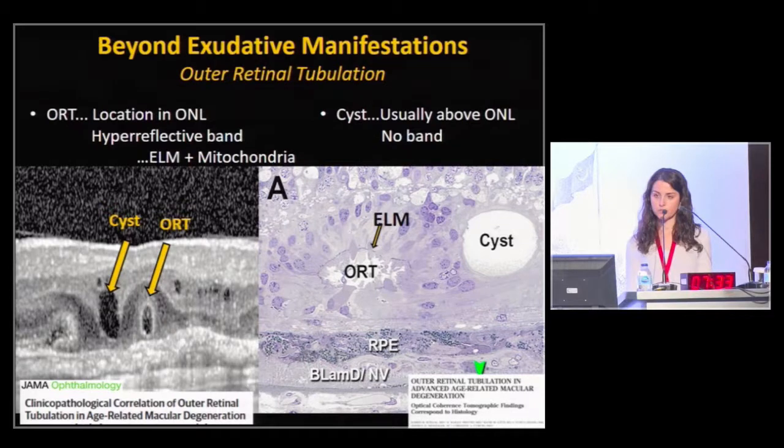And it's important to differentiate these structures from cysts, because those are not a sign of exudation, but a sign of neurodegeneration. And we also know, thanks to the histology, that the hyperreflective band corresponds to the ELM plus translocated mitochondria.